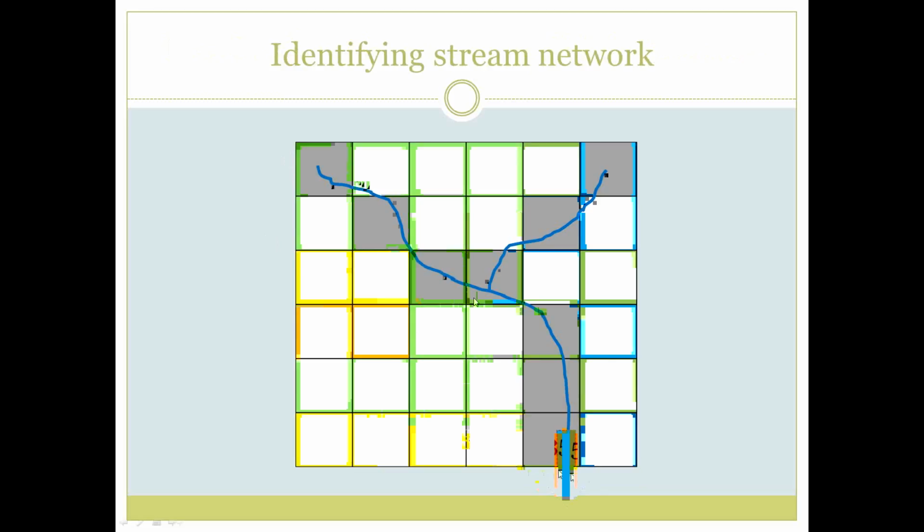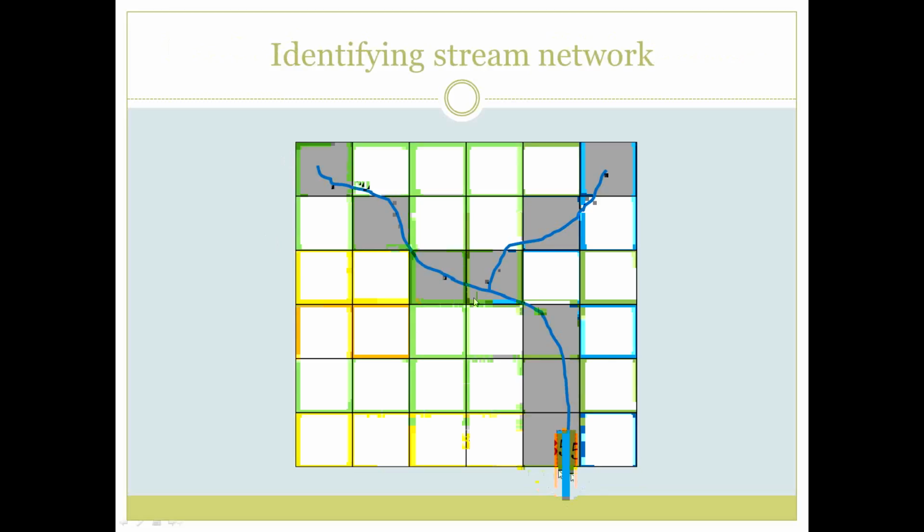From this flow accumulation layer, you can identify your stream network. You can set a threshold on your flow accumulation layer above which you say, okay, this means it's definitely water flowing across a landscape. From that, you can then identify a stream network. And this is how you can go from that digital raster, your digital elevation model, to having the base layers you need for watershed delineation, the flow direction and the flow accumulation, and how you can go on to develop your stream network.